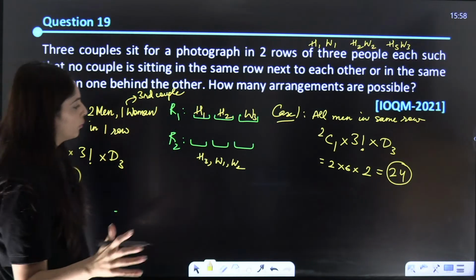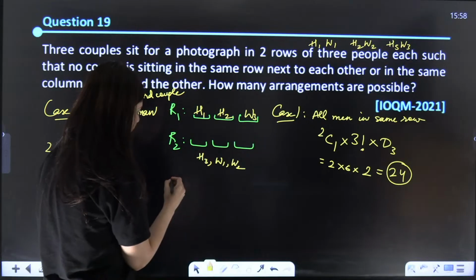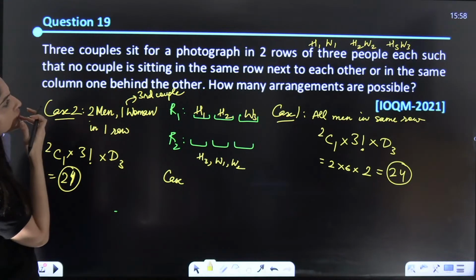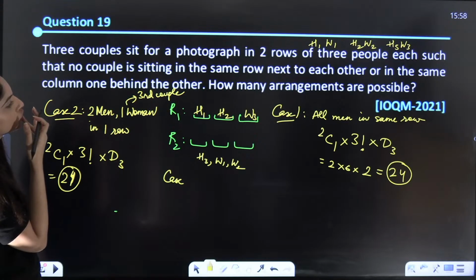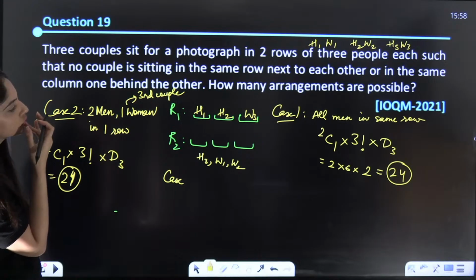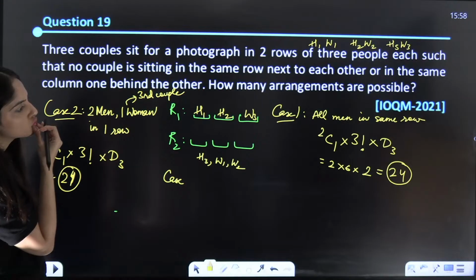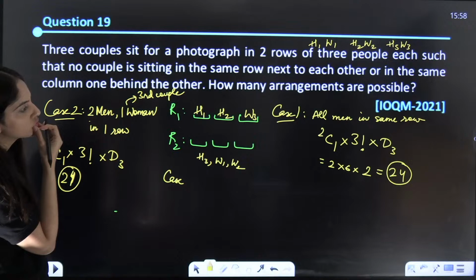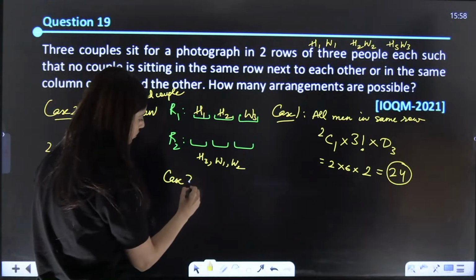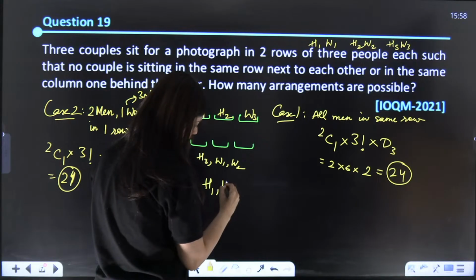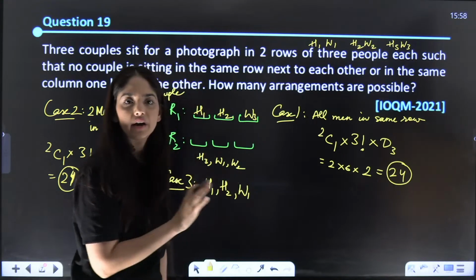Right? Now, what are the cases there? We have a case where H1, H2 and let's say W1 are in the same row.